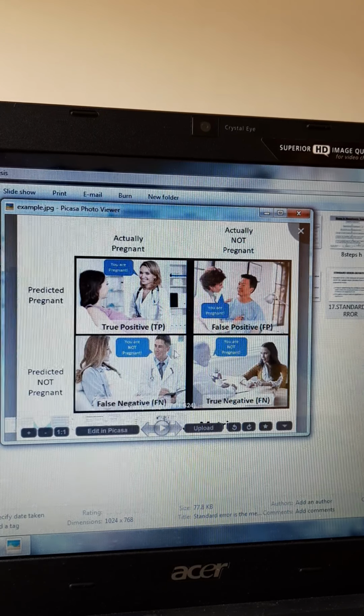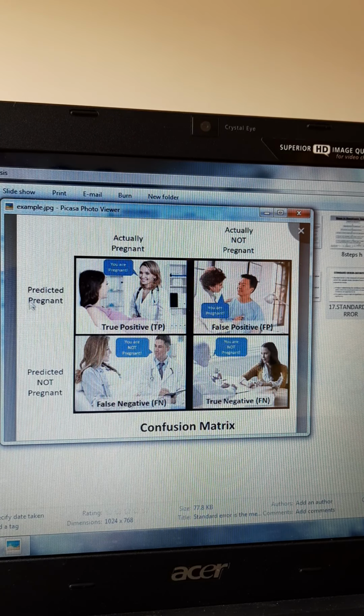Look at this. Again, it's the same type 1, type 2 error. Your hypothesis of pregnancy. Actually pregnant, test is true. And false positive. You have accepted.